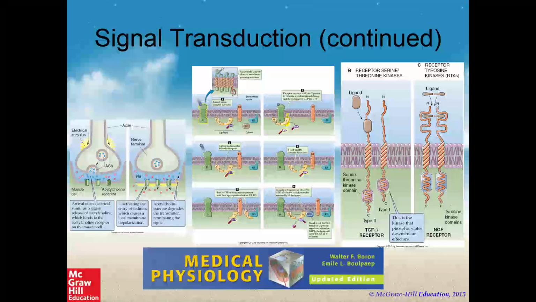There are different kinds of enzymes. The one that we're most familiar with is what's called a TRK, tyrosine kinase. So those are the most common. There are also serine and threonine kinases. What's a kinase do? Yeah, phosphorylates.